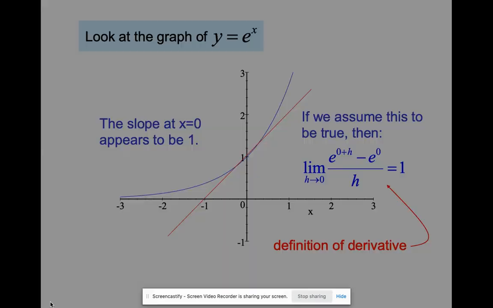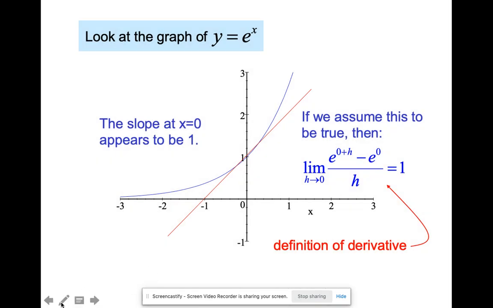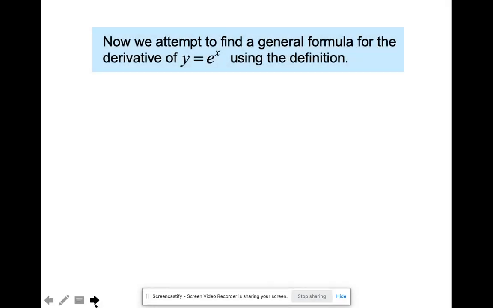Wait, let me go back for a second. We're saying that that equals 1 at x equals 0, right? The slope of the tangent is 1. Okay? So now I am going to go and do the general definition.